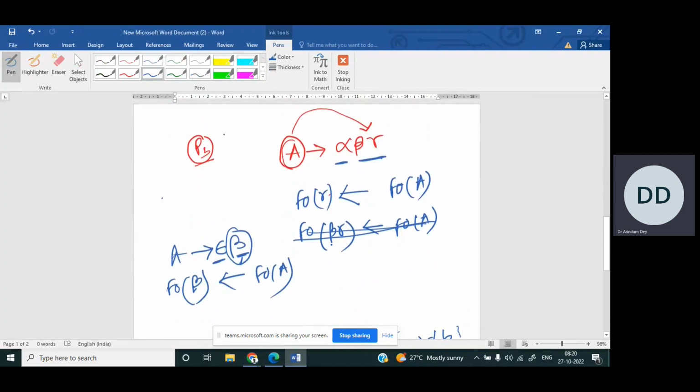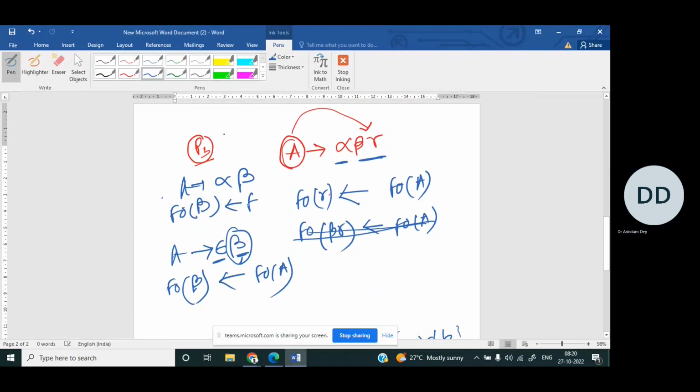And if I have a production A to alpha beta, then the follow of the second segment, the follow of beta, will contain the follow of A. So when I calculate the follow of the second segment, it will contain whatever values are in the follow of the node which is generating the production. These 3 rules are there.